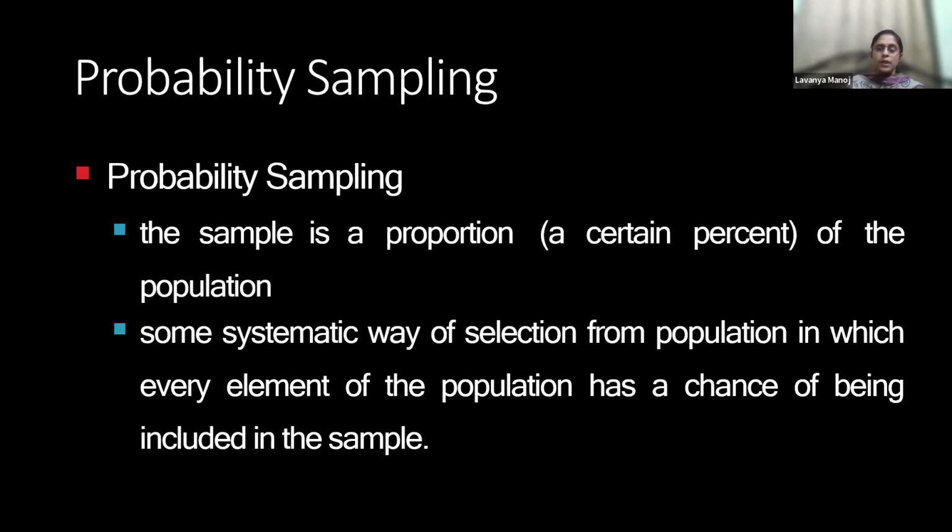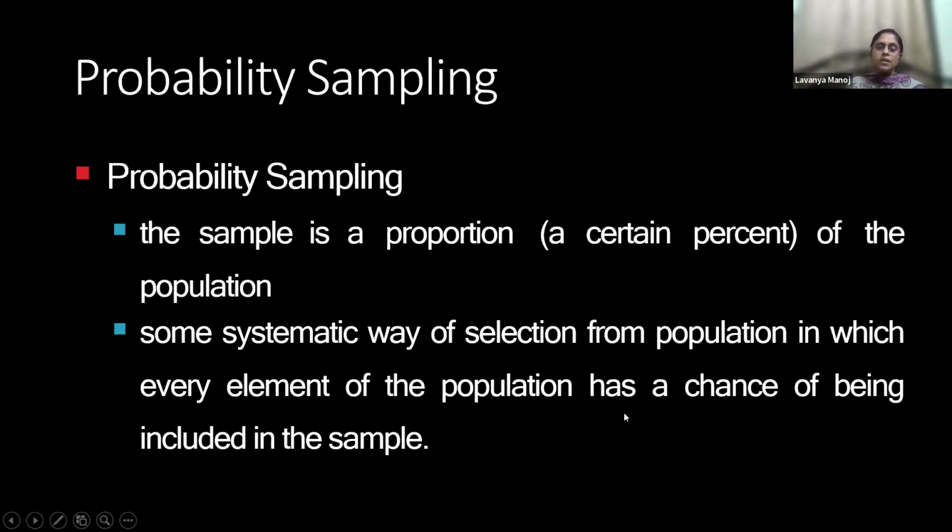You're selecting a group of people, either from a mall, a kiosk, a retail outlet, or somewhere in the market. It is a systematic way of selecting the population in which every element of the population has a chance of being included in the sample.